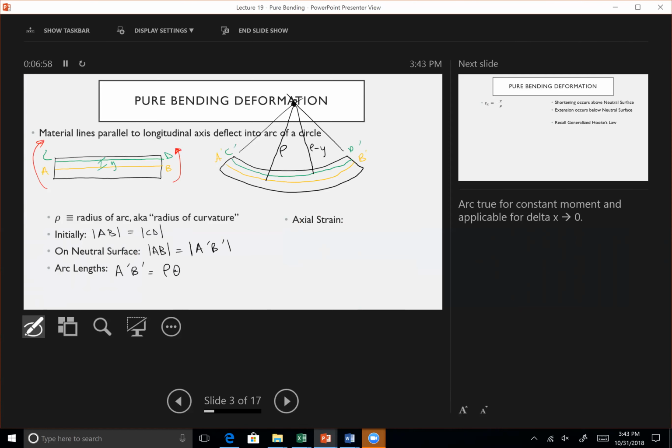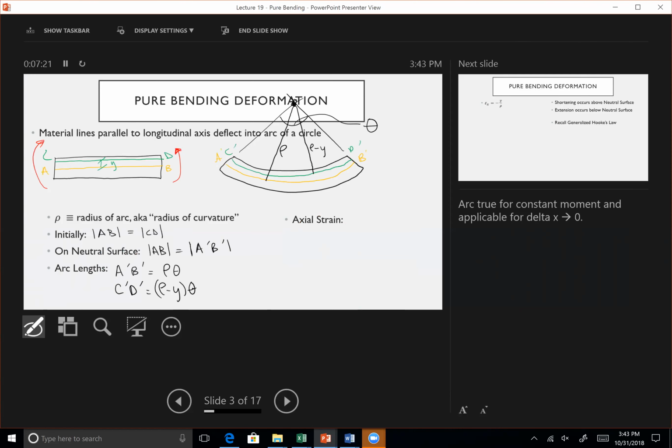That arc length is the radius times theta. And C prime, D prime is going to equal rho minus y times theta.